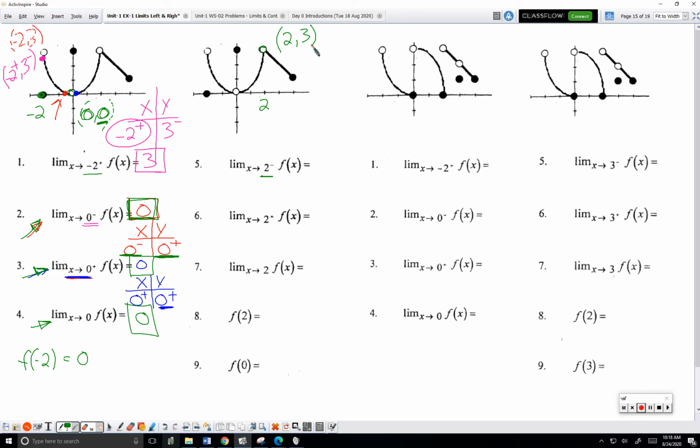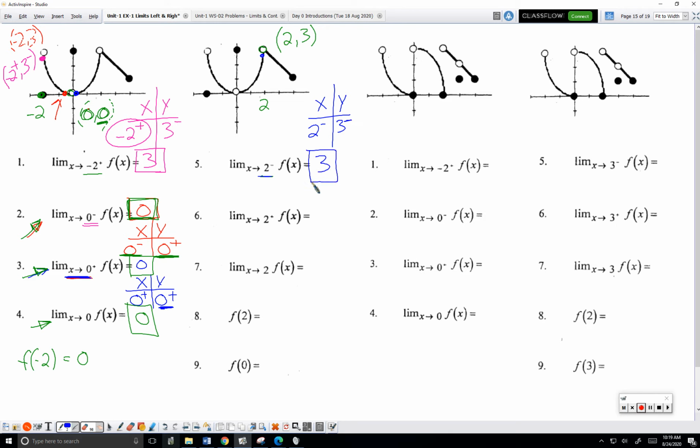I don't want to look there. I want to look at the dot whose x-coordinate is almost 2. So table here. So when x is just a little bit less than 2, right here, the y-coordinate appears to be a little less than 3. That means the limit is exactly 3.